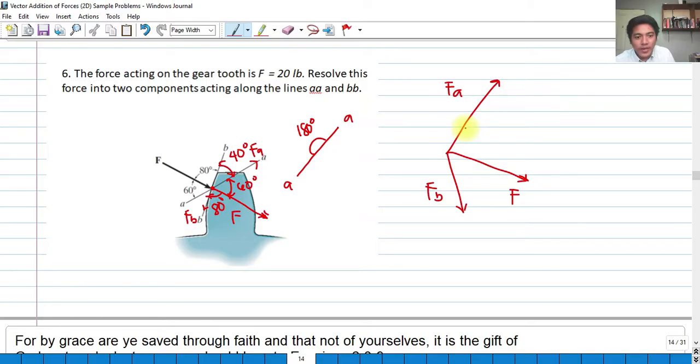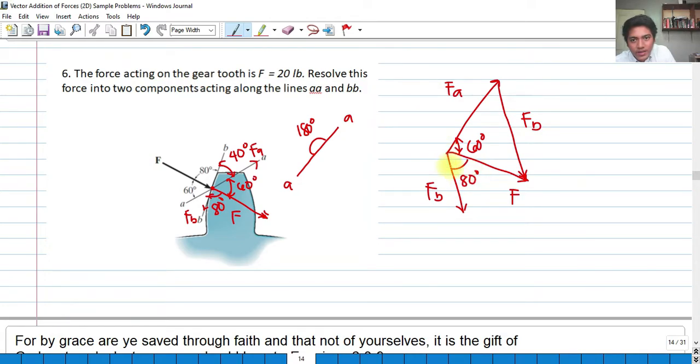So such that if I am going now to move this FB in here, this FB is the same as FB here. So what will happen? If you remember, this is 60 degrees, and the angle of this is 80 degrees.